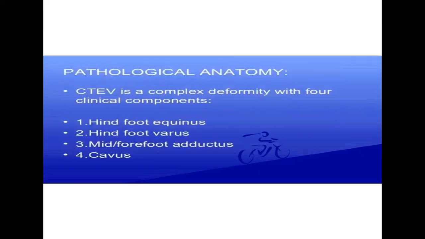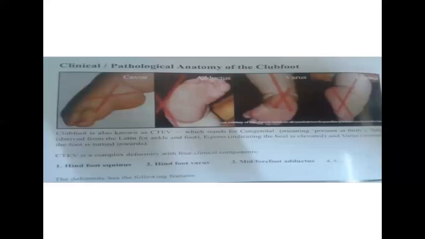Pathological anatomy. CTEV is a complex deformity with 4 clinical components: 1. Hindfoot equinus. 2. Hindfoot varus. 3. Mid-forefoot adductus. 4. Cavus.